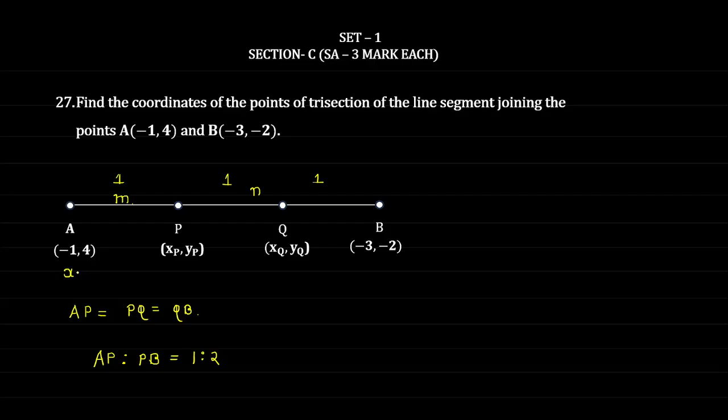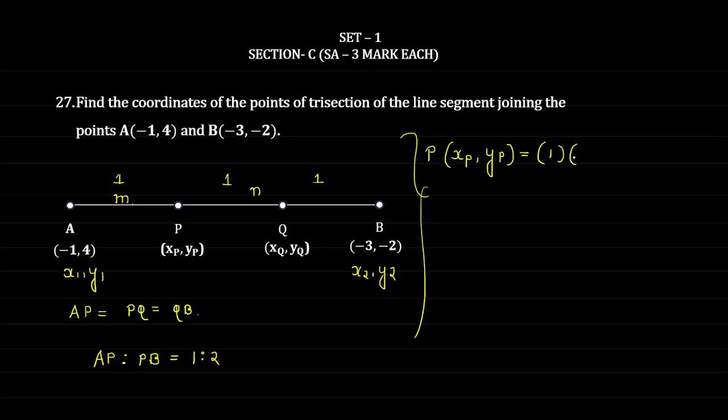So you know that x1 comma y1, x2 comma y2, you just have to apply the section formula. Okay, so how do we write it? The coordinates of P, that is xp comma yp, can be calculated as: M value is 1, so that is 1 into x1, that is minus 3, plus n into x2, which is minus 1, divided by 1 plus 2, that is total 3.